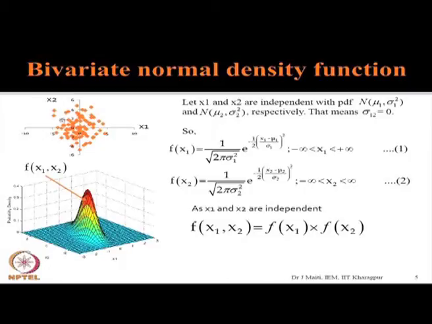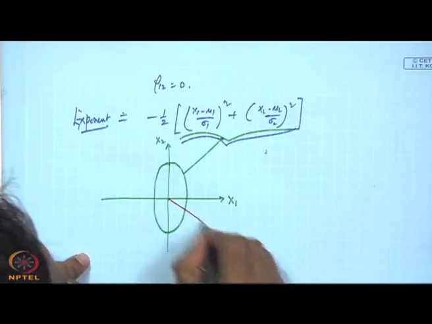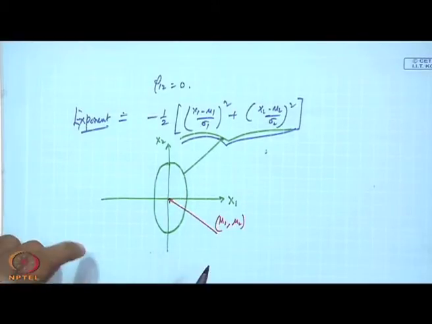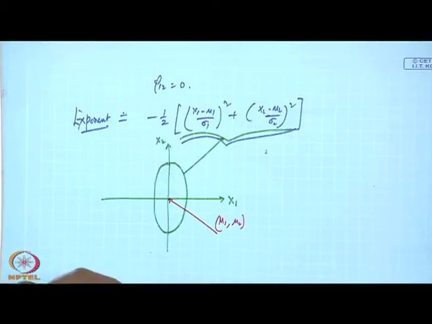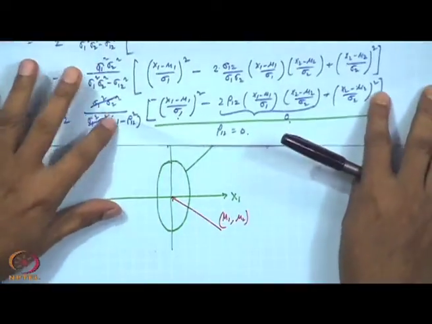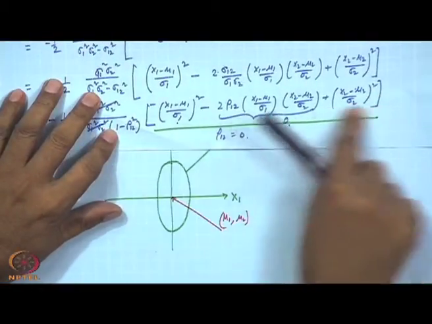Data is given in such a manner that 0 is the origin, that is mu 1 mu 2. The origin is mu 1 and mu 2. What will happen if you take the general equation? General equation means this one.